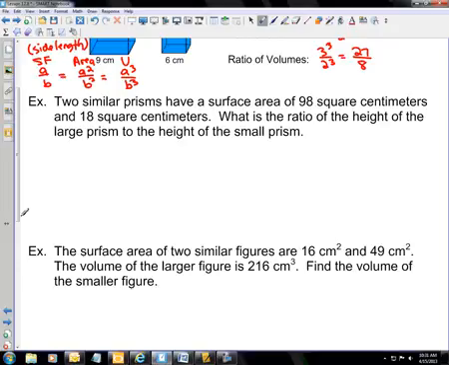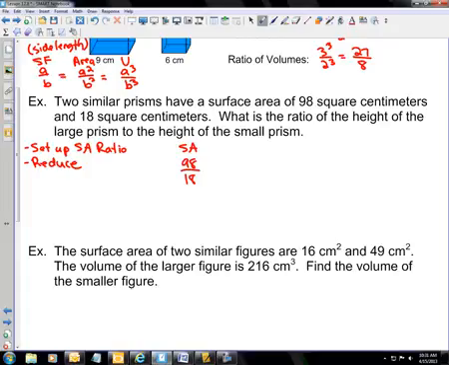The first thing I'm going to do is set up a surface area ratio, written from large to small, so 98 to 18. Then I'm going to reduce, if possible. Sometimes you can't reduce, but reduce if possible.